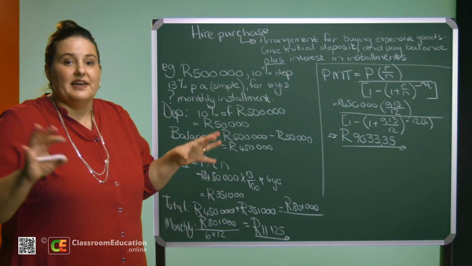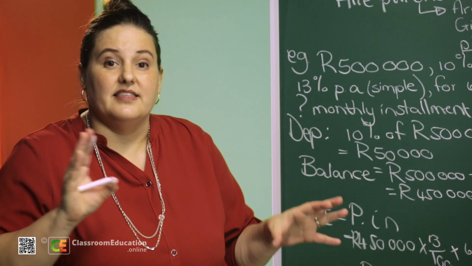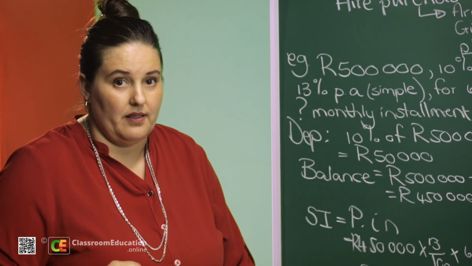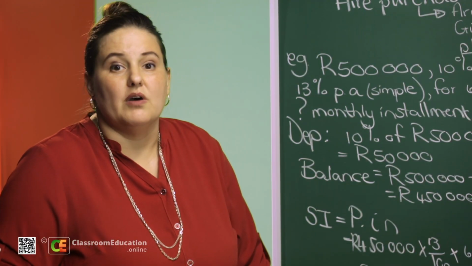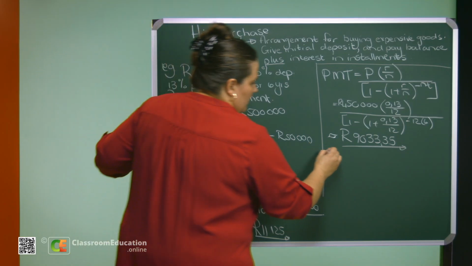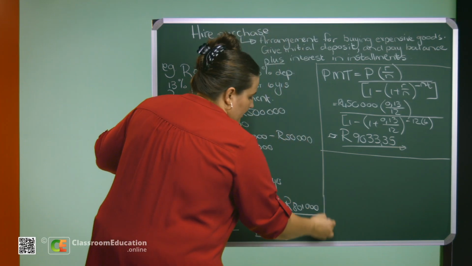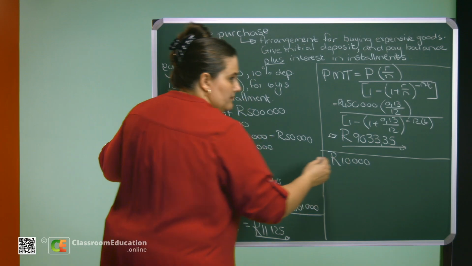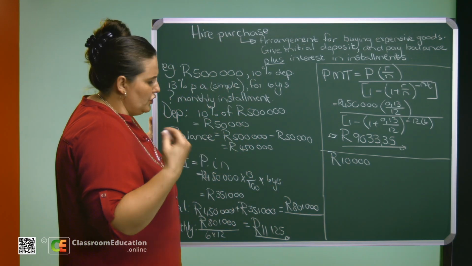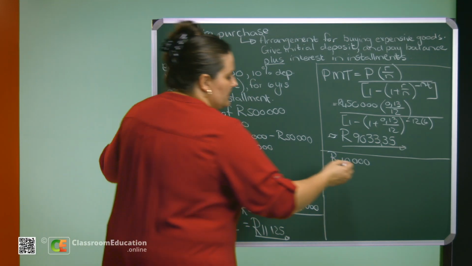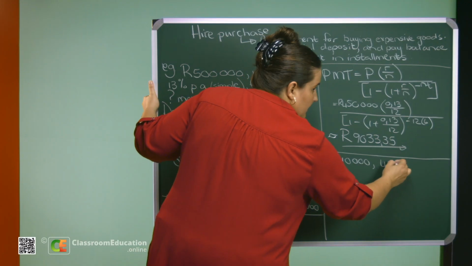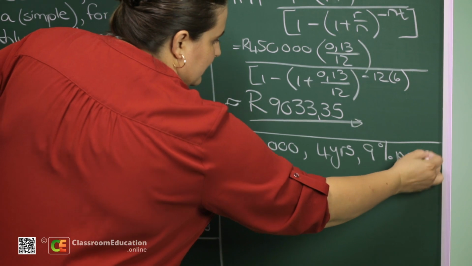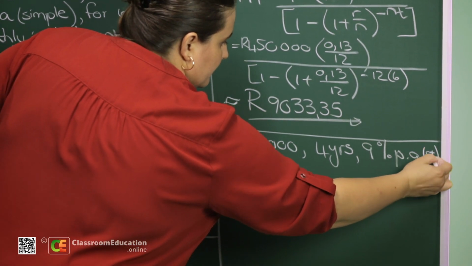We're going to do a last example, and we're going to apply the information of our first example. Let's say you want to buy a laptop, and you need to pay 10,000 Rand for that, on hire purchase for 4 years. It's 9% per annum, but it's simple interest.